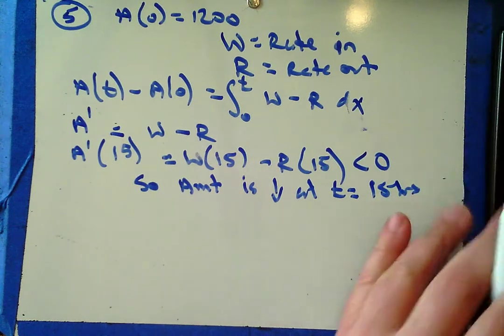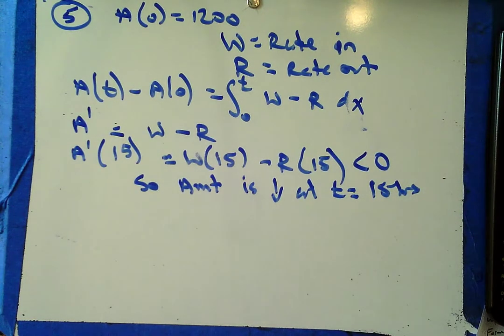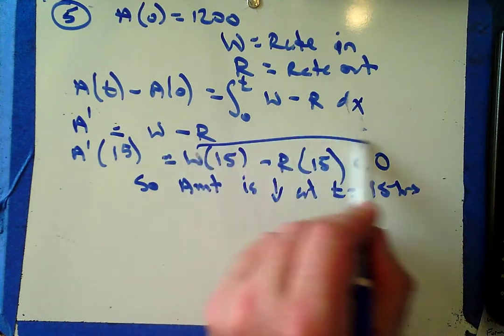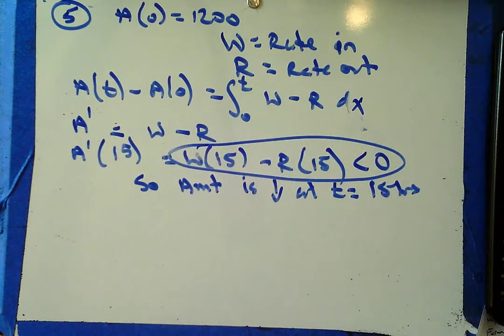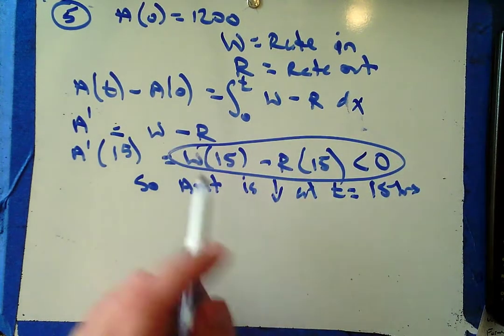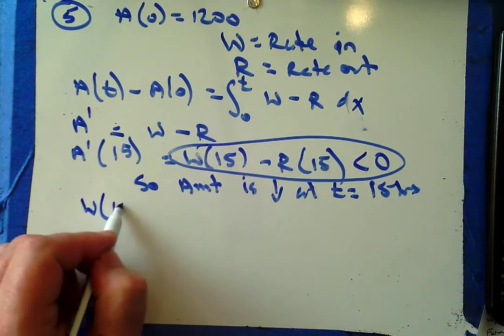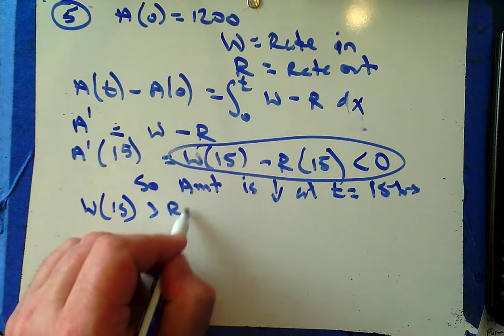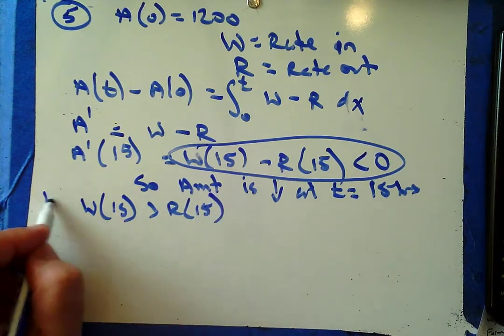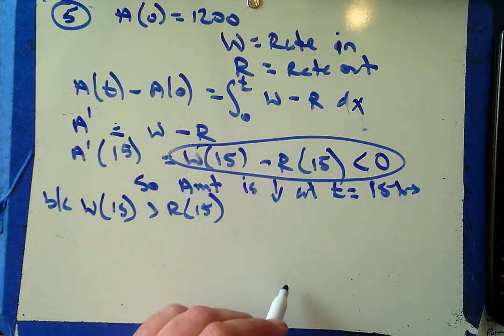Okay, and the why or why not, that's the why or why not. That's all I need to say, because the amount in is greater than the amount out. I mean, I guess I could say W of 15 is greater than R of 15. That would also be an appropriate justification.